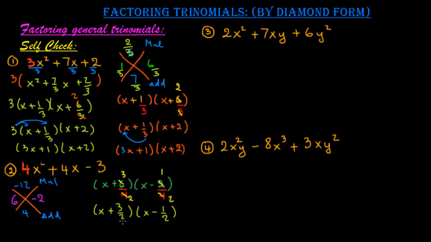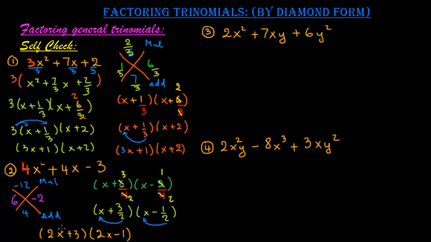Then we move the denominators forward. So the final answer is 2x plus 3 times 2x minus 1.